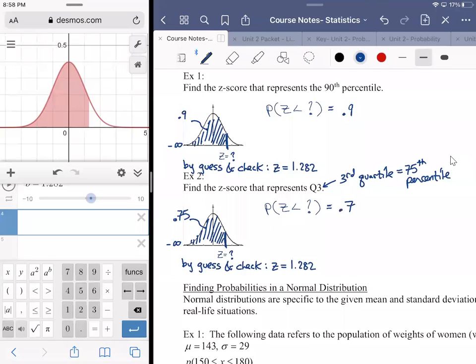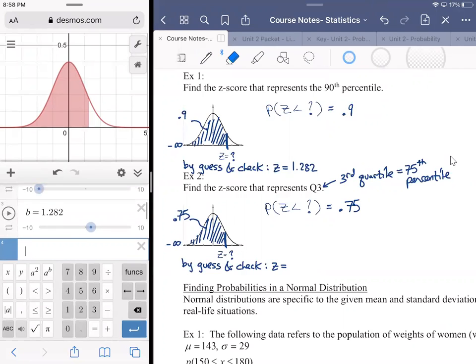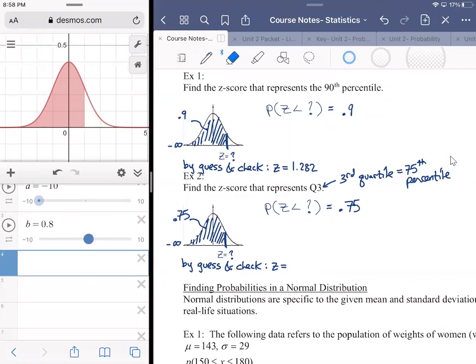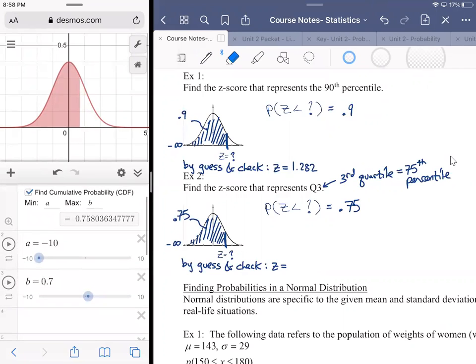So basically, we're doing the same thing, except we're looking for 0.75. So that part should be reasonably understandable. On the low end, -10 is fine, but on the high end, we want to scroll around until we get close to 0.75.